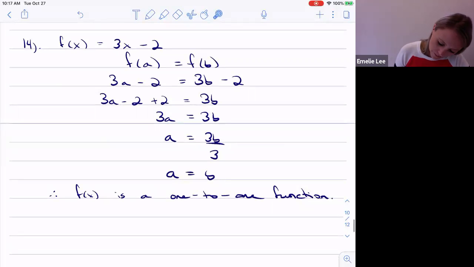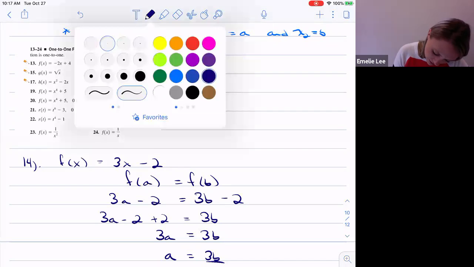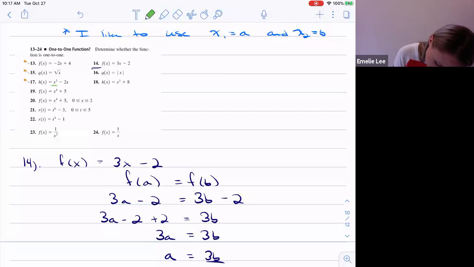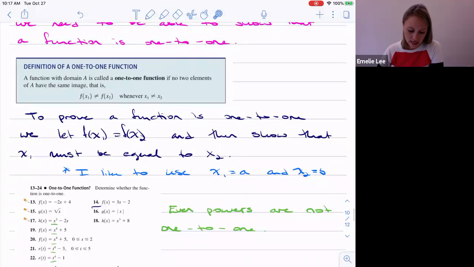Okay, here, I'll make a note, right? Anything with an even power, even powers are not one-to-one. Because what this is actually saying is that you can't have the same output if x1 is not equal to x2.